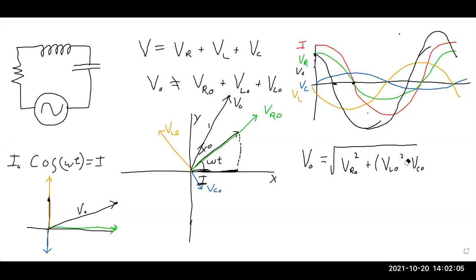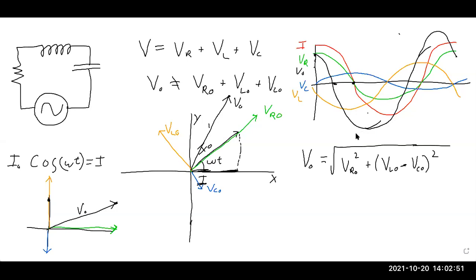The difference squared. So this bit here is this side of the triangle, and this bit here is the height of the triangle. All right, voltage across the source.